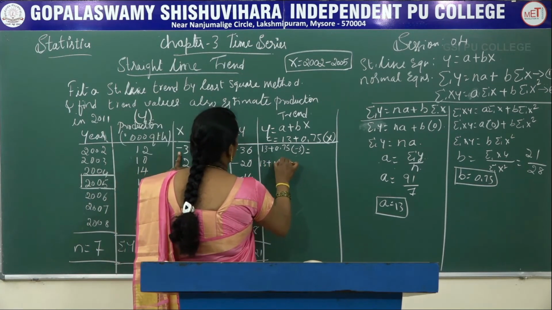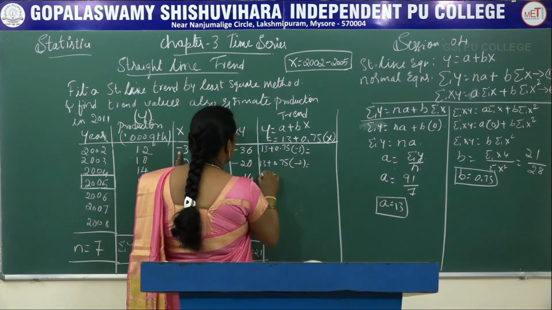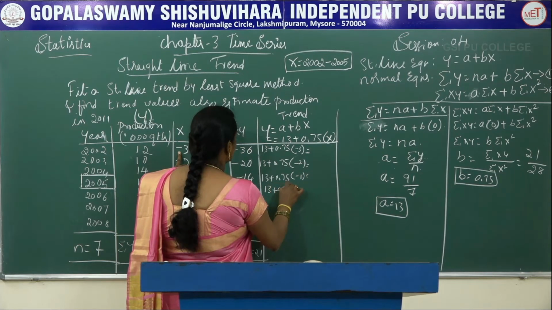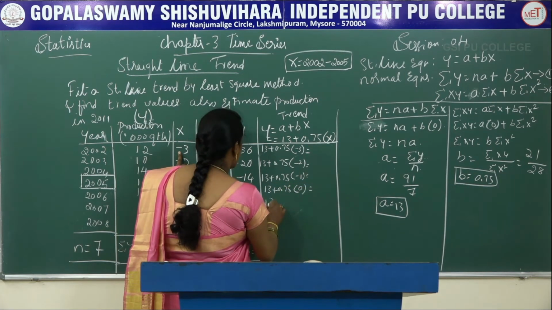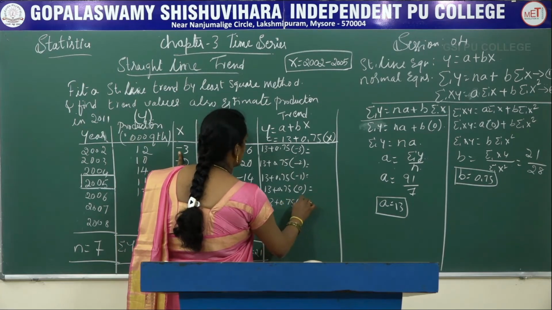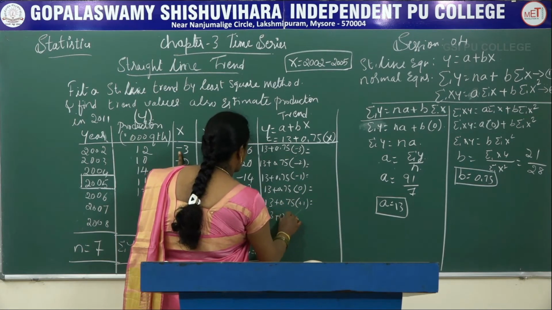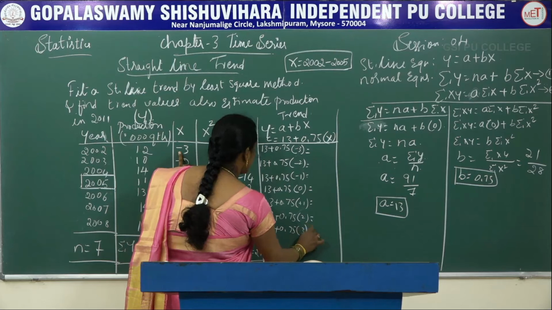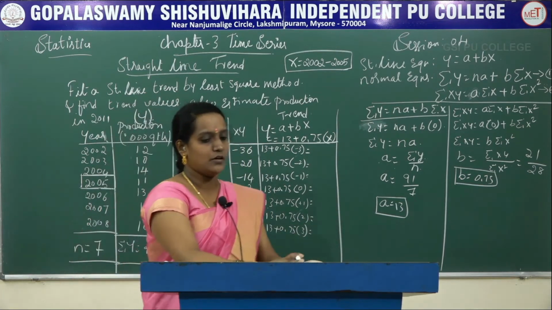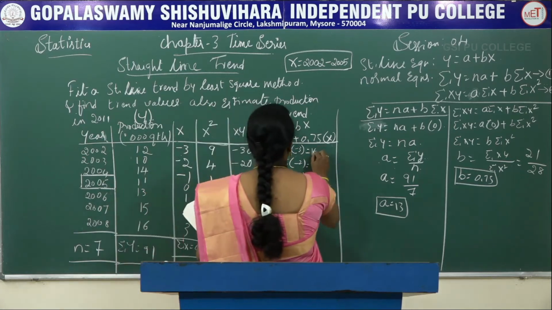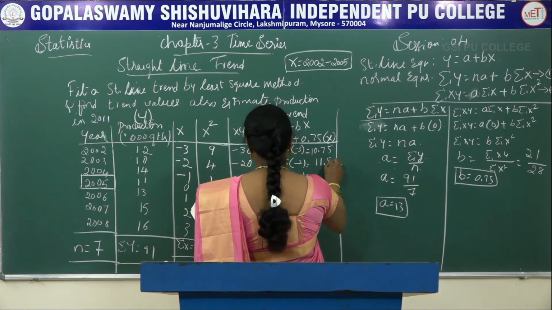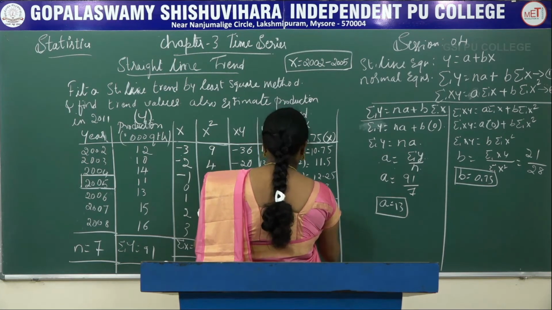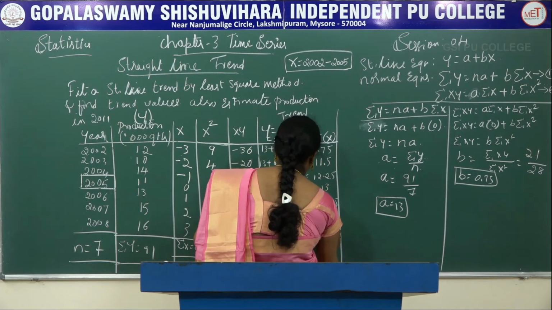Similarly 13 plus 0.75 into minus 2, 13 plus 0.75 into minus 1, 13 plus 0.75 into 0, 13 plus 0.75 into plus 1, 13 plus 0.75 into 2, 13 plus 0.75 into 3. Substituting these values, we get the trend values as 10.75, 11.5, 12.25, 13, 13.75, 14.5, 15.25.